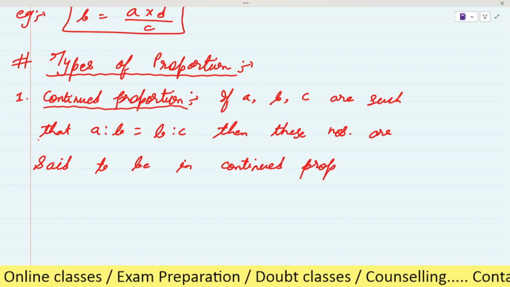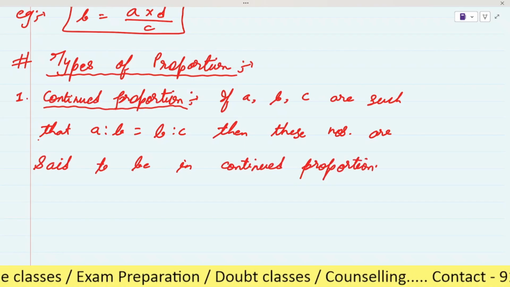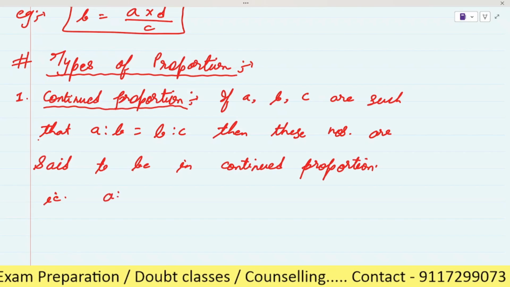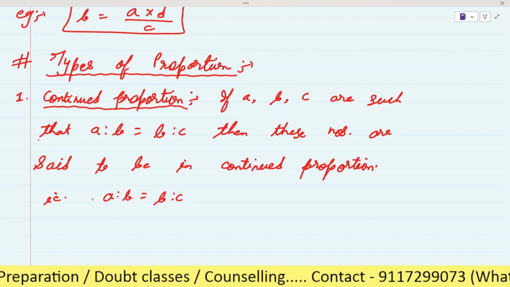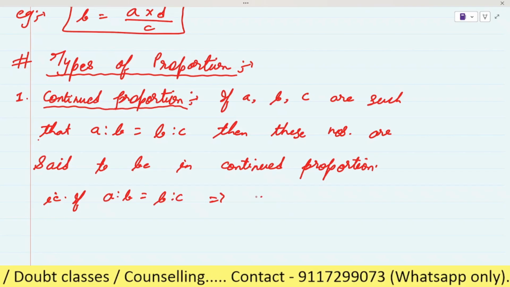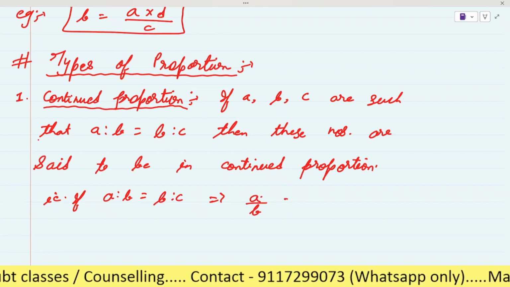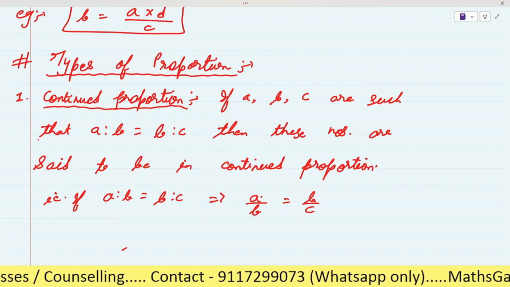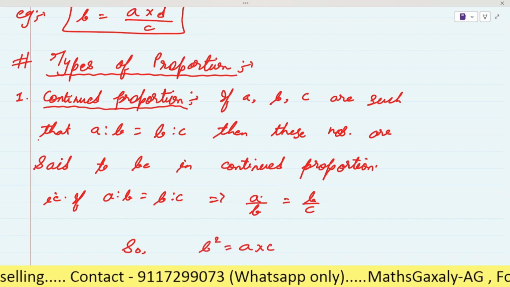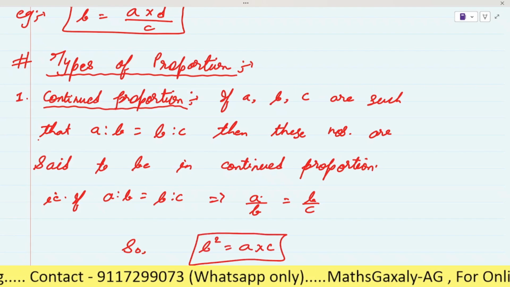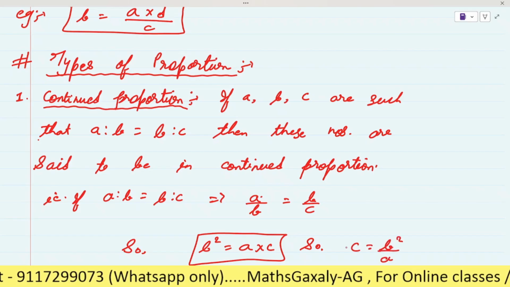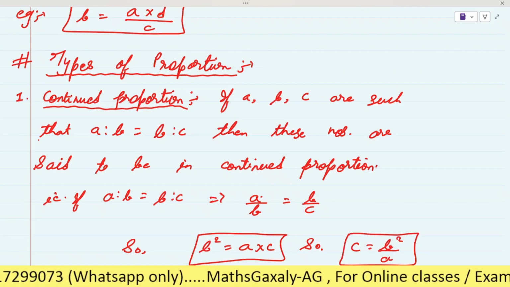That is, if A is to B is equal to B is to C, then it will be like A by B is equal to B by C. So B square is equal to A cross C, or C will be B square by A.